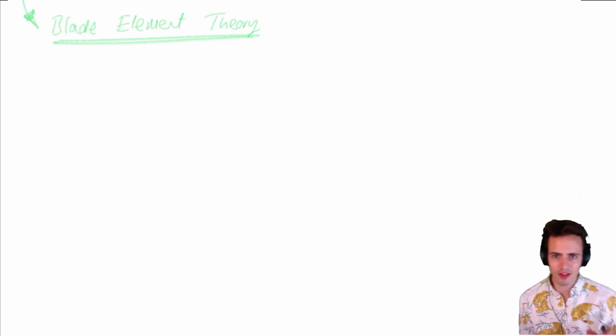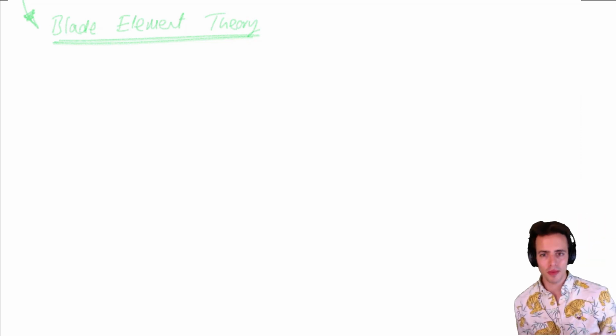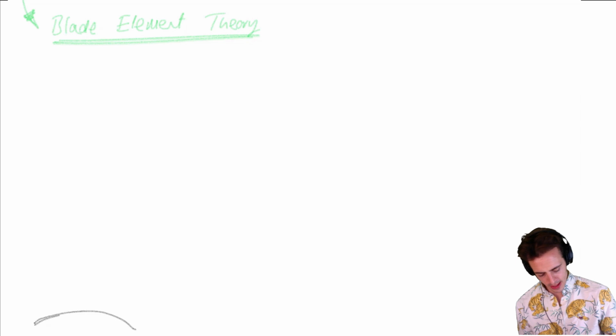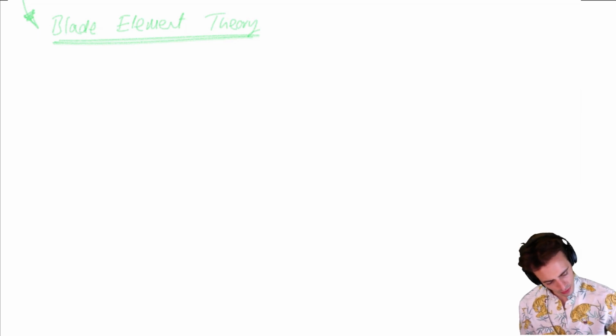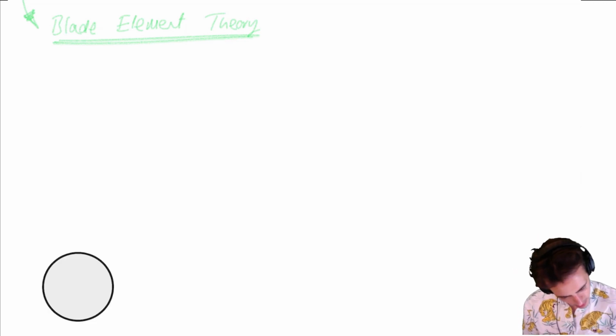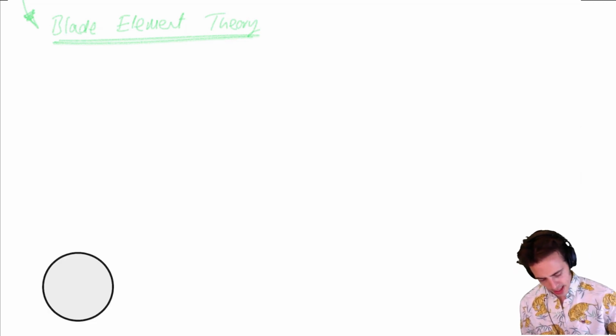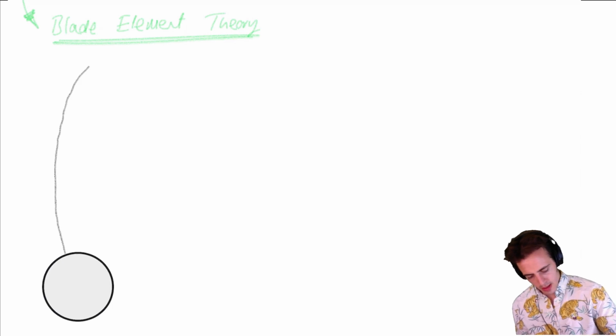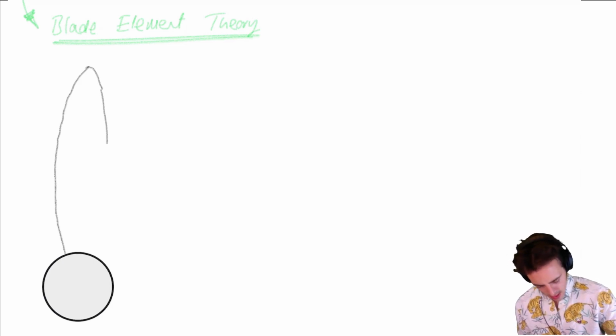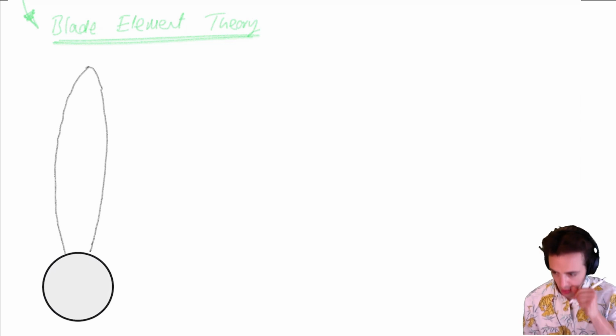I can mostly do this from memory, but I just need a couple of prompts to help me. So let's draw our propeller blade. I've drawn my hub here. No, let's draw that as a circle actually. And then I'm going to draw my blade. Not a very pretty blade, but I've drawn it on there.